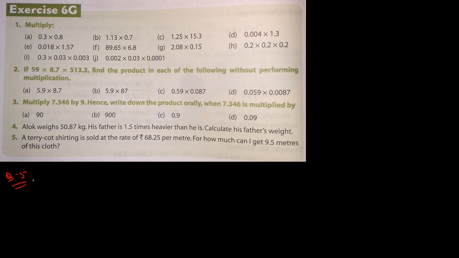question 5. It says a terracotta shirt is sold at the rate of 68.25 per meter. So you'll write, 1 meter cost of shirt is equal to rupees 68.25.